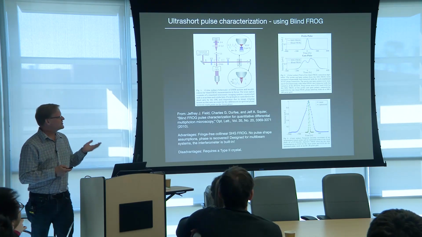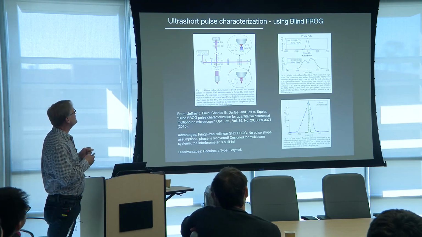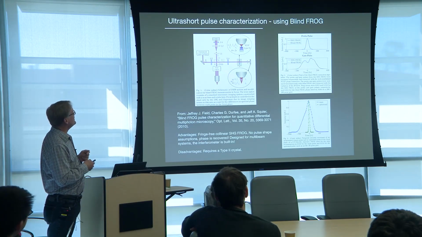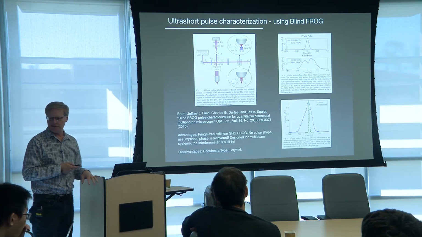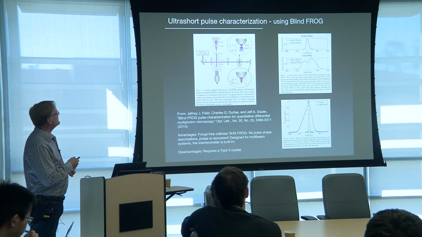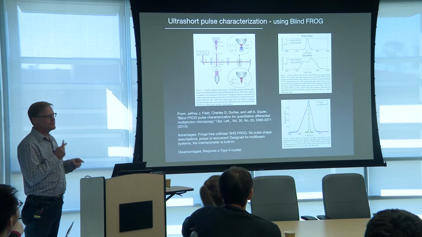Now I want to show ways that we use this. This was one of our very first systems where we were able to image with multiple foci simultaneously. Here we just split up the beam. We've got one long arm, and we're delaying them with respect to one another.